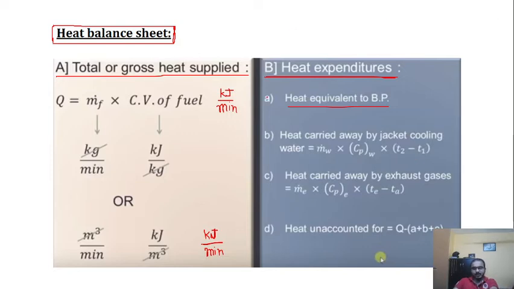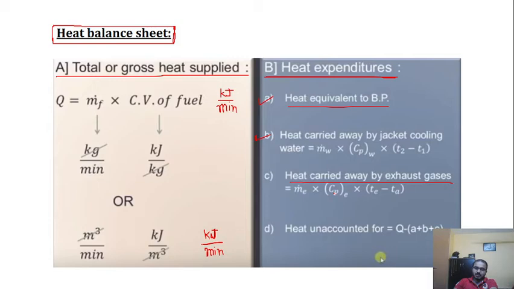So we have calculated the heat equivalent to brake power. Then we calculate the heat which is taken away by jacket cooling water, and then we have heat carried away by the exhaust gases. As you know, exhaust gases are not at the environmental temperature, they are at a higher temperature, and that heat is not useful to us.